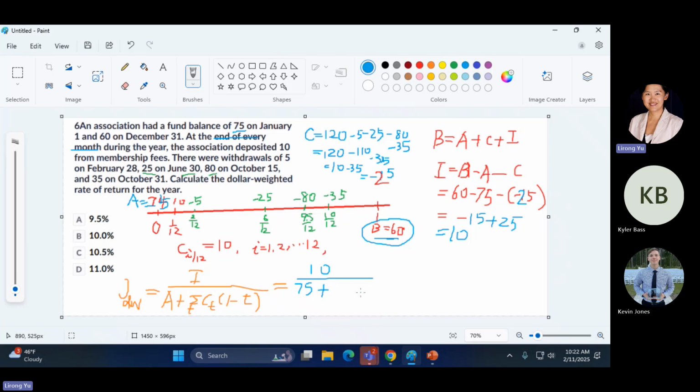And then we have the negative 5 times 10 over 12, negative 25 times 6 over 12, negative 80 times 2.5 over 12, and then negative 35 times 2 over 12. So go ahead and calculate that summation, even though it's kind of a large number, and see if you're able to find their interest rate.